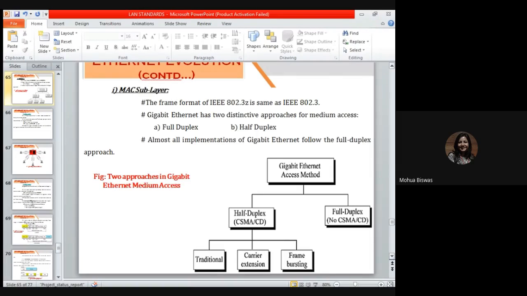Instead of transmitting one frame at a time and waiting for the acknowledgement, which extends the time period, they transmit multiple frames at a time, window-wise, not a single frame. They do not use the stop and wait protocol. They use window protocols, go back N or selective repeat.